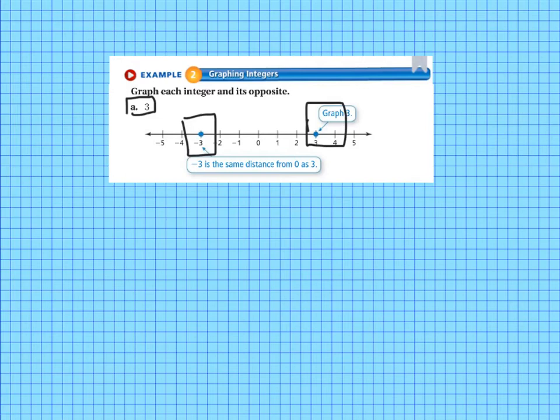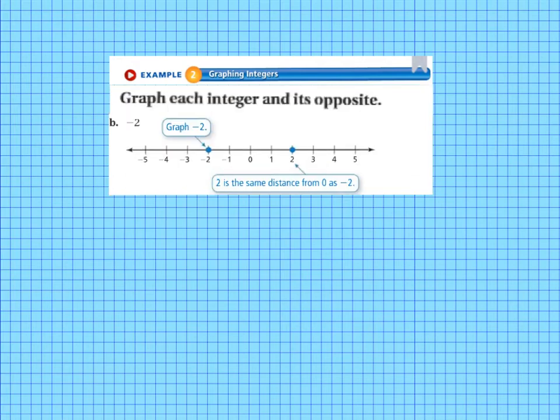So we graph that on the left. And example 2b, we are graphing negative 2 and its opposite. So we graph negative 2 on the left of 0, and then 2 is the same distance away from 0, so we graph that one on the right.